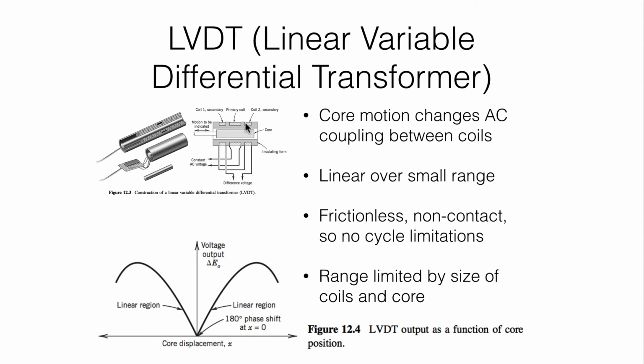So if I wanted to measure position over a distance of meters, that would be really difficult. I'd have to have a meters long linear variable differential transformer, and you won't really find those. So these are used for relatively small motions and detecting that position.